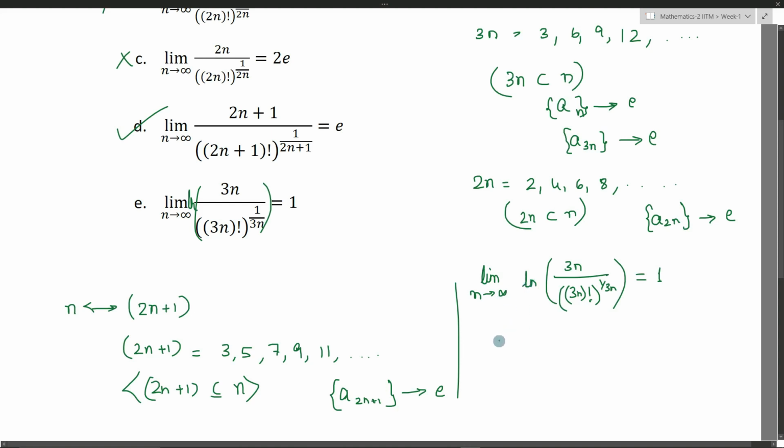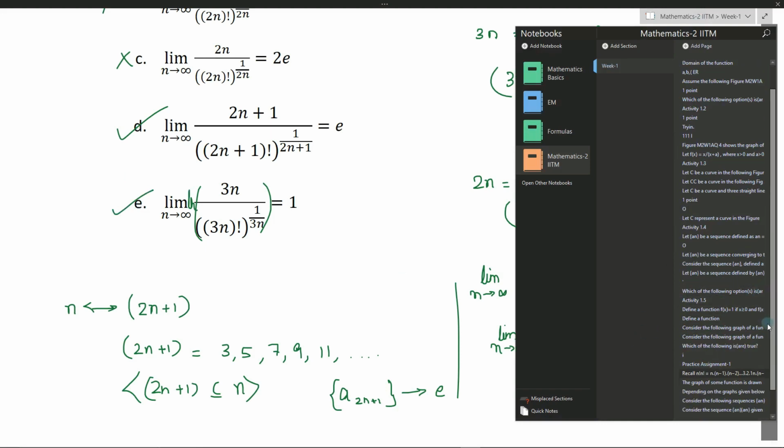I have limit n tends to infinity ln of a_3n, and a_3n will be converging to e. So I can substitute ln of e. What is ln of e? ln of e is 1. So this option is also right.